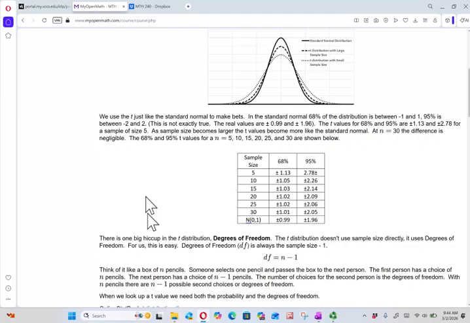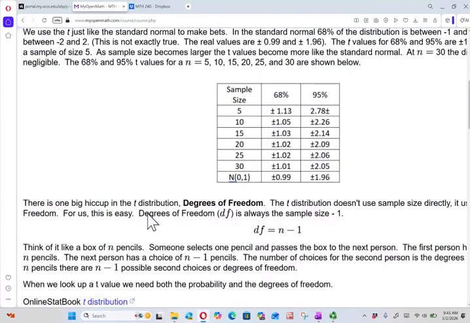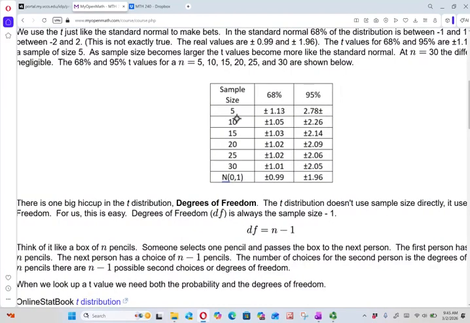This is the difference between the standard normal and the T distribution. For a sample size of 5, which is small, this is right in with Mr. Gossett's sample sizes, instead of 2 standard errors up and down for a 95% bet, I would have 2.78 standard errors up and down.